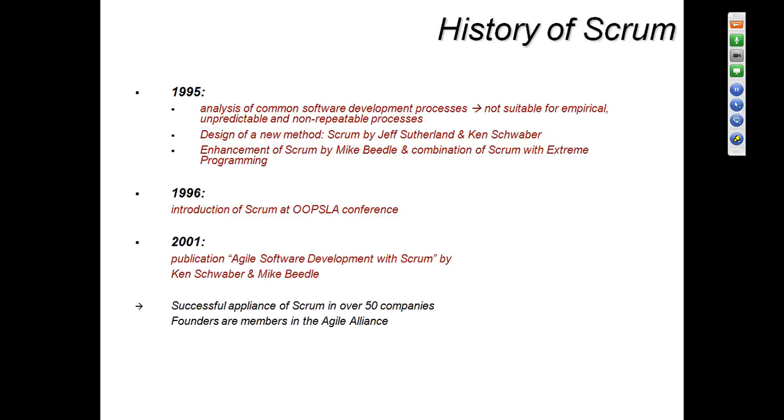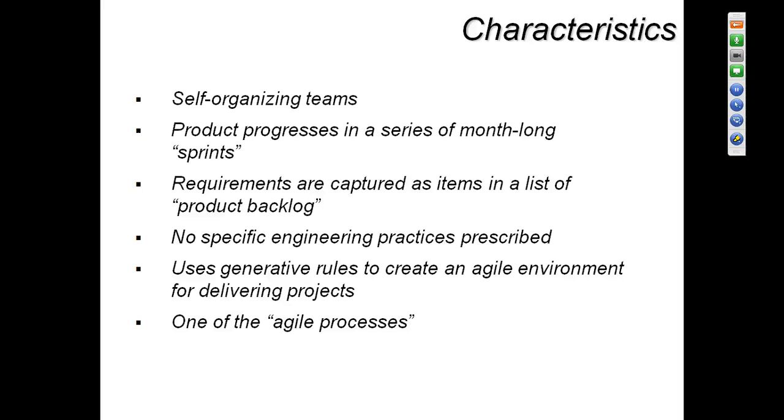So this is the life cycle. The characteristics are self-organizing teams, product progresses in a series of month-long sprints, and requirements are captured as items in a list of product backlog. This is very important.